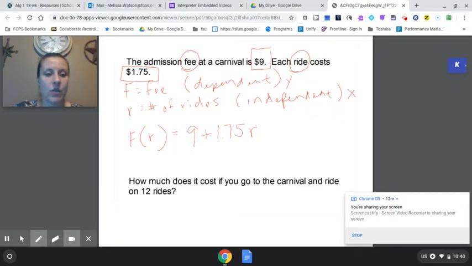Okay, and to find a particular fee, it asks us at the bottom, how much does it cost if you go to the carnival and ride on 12 rides? So I want the fee for 12 rides. That's going to equal that $9 plus $1.75 times 12 rides.